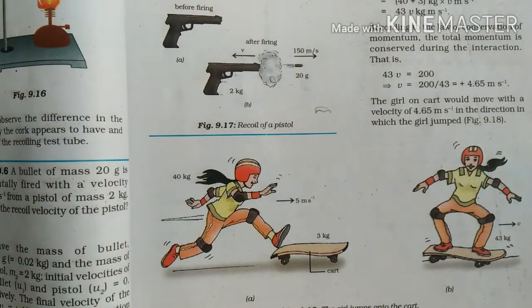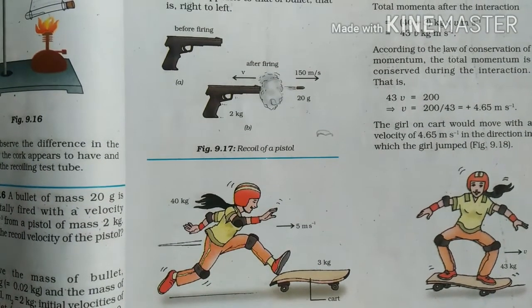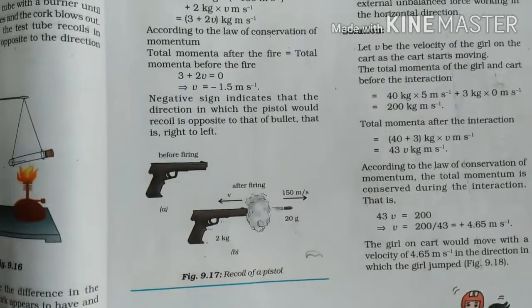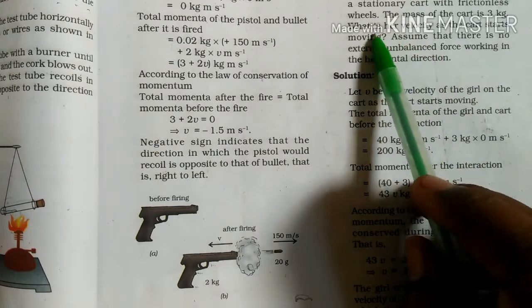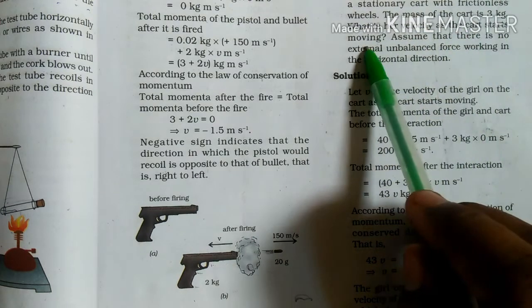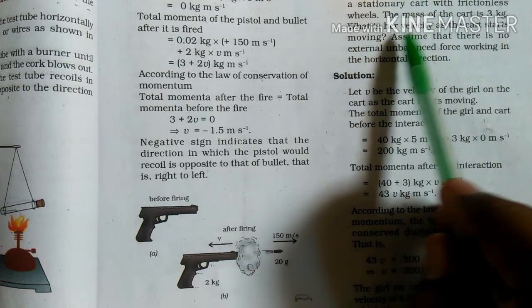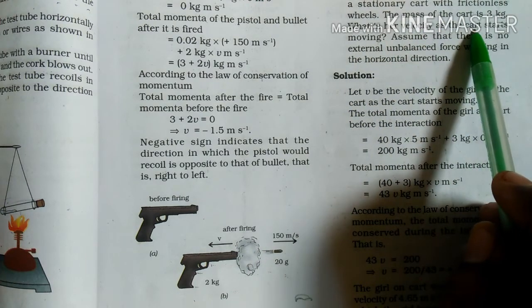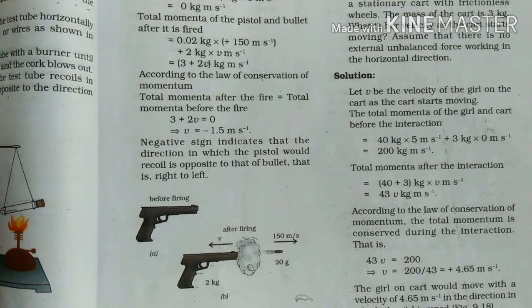Here we asked what is the velocity of the car, as in the question: what is her velocity as the car starts moving. 4.65 meter per second is her velocity as the car starts moving. This is the answer. Now we will move on to the next page.